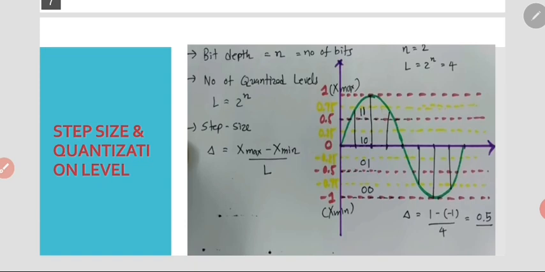Now in this lecture we will focus on finding some important terms: first, the index value, and second, the quantized magnitude.